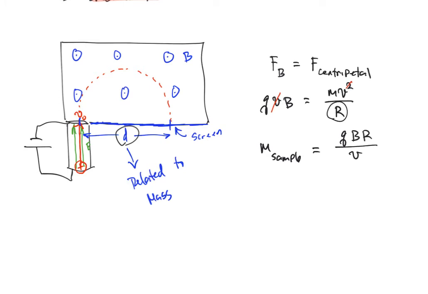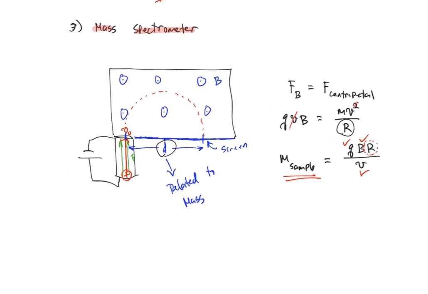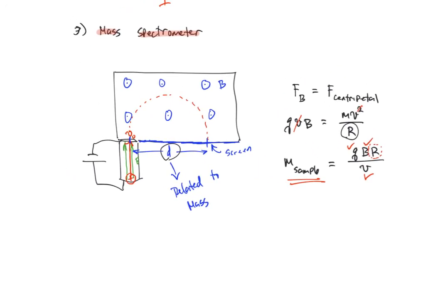And so if I know the magnitude of my magnetic field, and I know the charge that I've given the sample, and I know the velocity that it gains through the linear acceleration, and I measure the radius, the R of the motion through the mass spectrometer, then from that I can determine the mass of the sample. And that's the basics of how a mass spectrometer works.